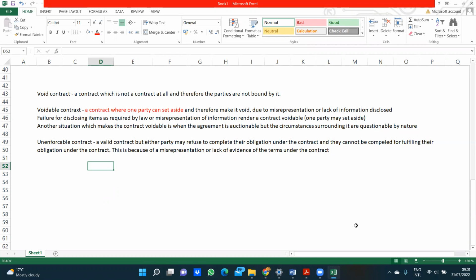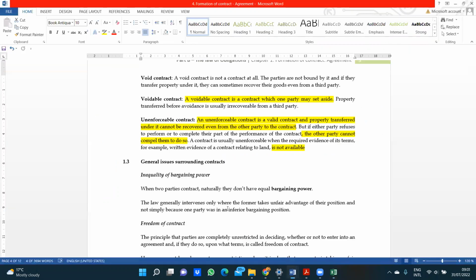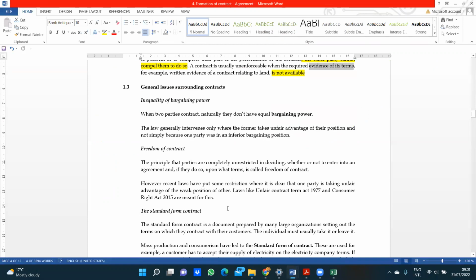And now, let's move on to general issues surrounding contract. General issues means that even if there is a contractual law, there are some situations which make the contract, even if it is legally correct, have some issues.